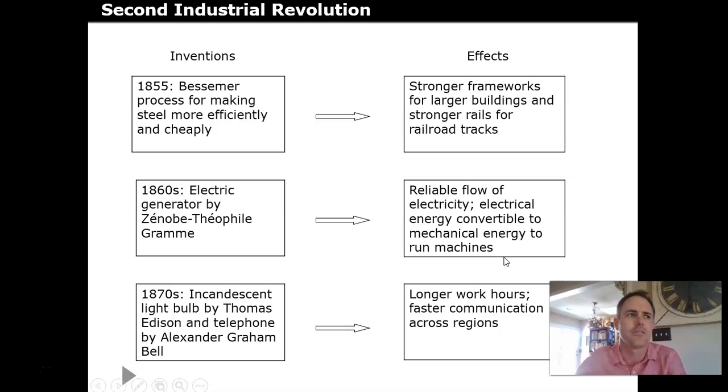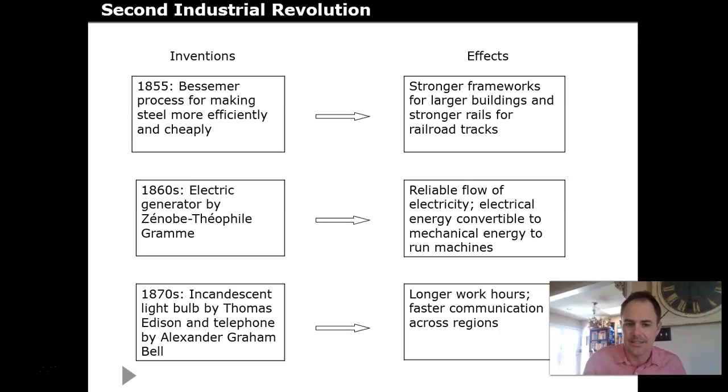Hopefully you're using the note-taking guide that I included with this lesson, and you're gathering information to make an illustrated timeline of what you consider to be the key invention. So 1855, just to give you some context, Civil War begins in the United States in 1861, so just a few years before that Bessemer process, like I said, stronger frameworks for larger buildings, stronger rails for railroad tracks.